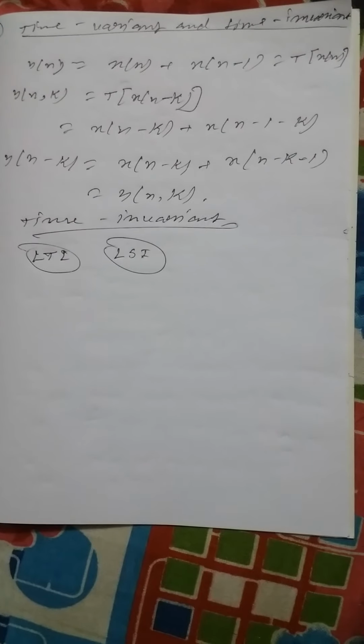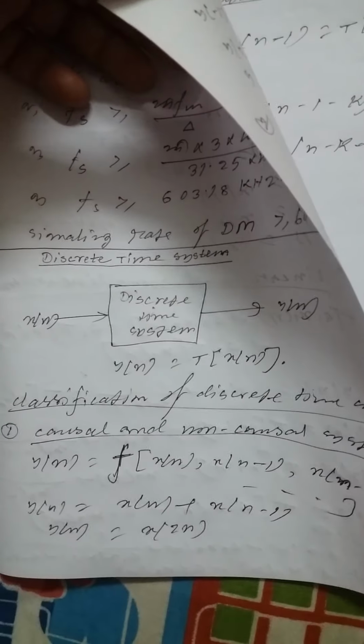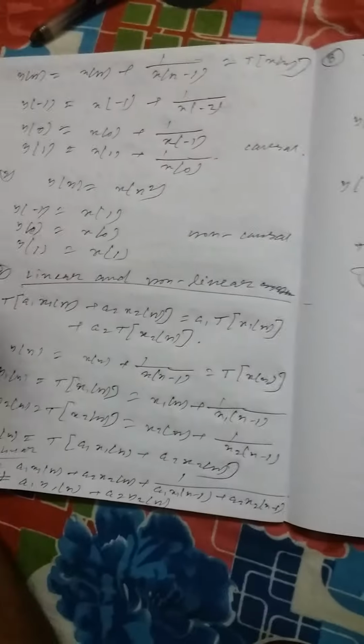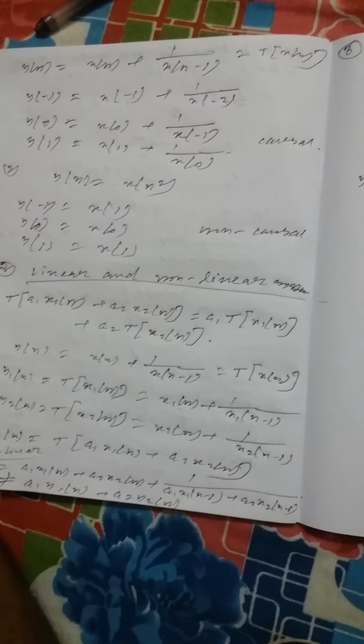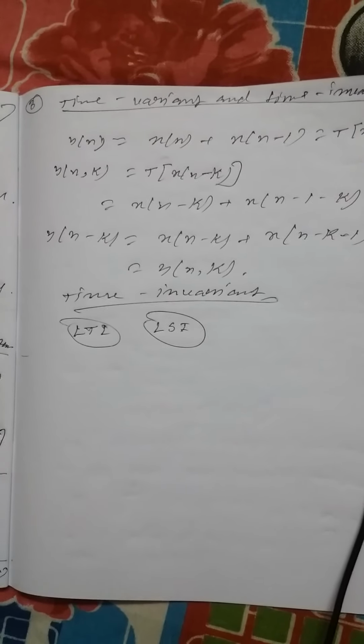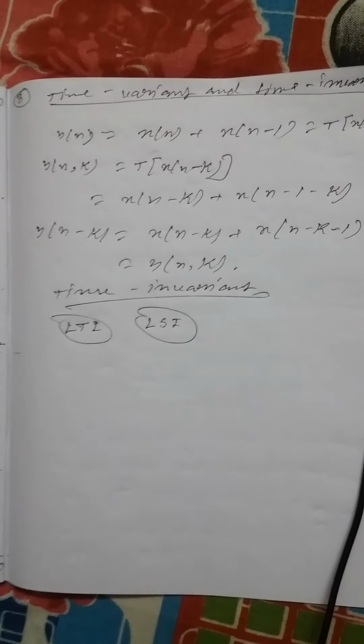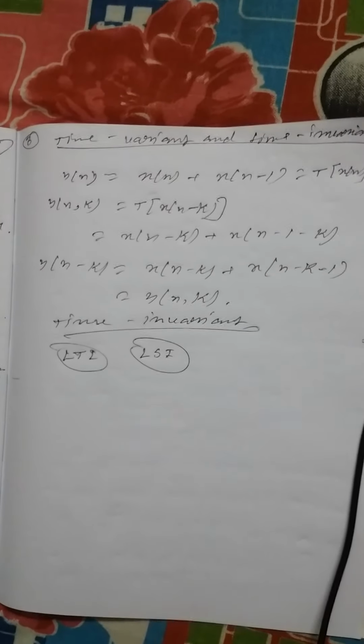So from this video, what do we learn? We learn how to check whether a system is causal or non-causal, whether a system is linear or non-linear, whether a system is time invariant or time variant, and which system is called an LTI system.